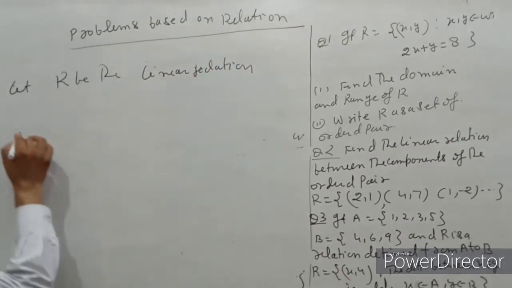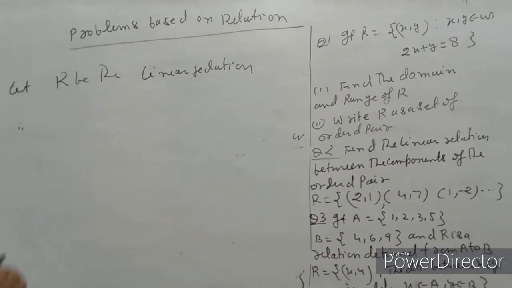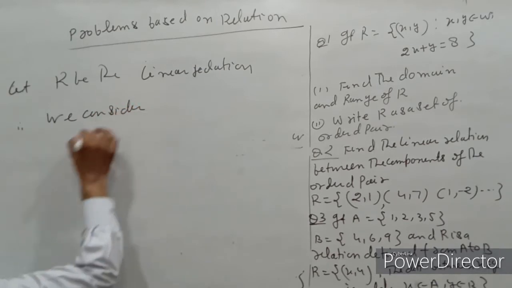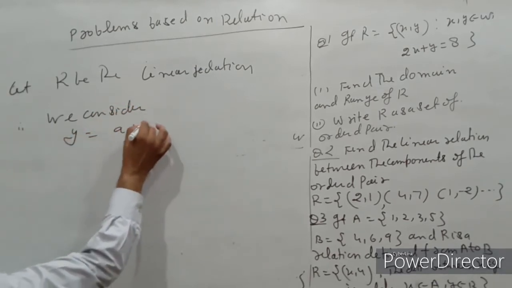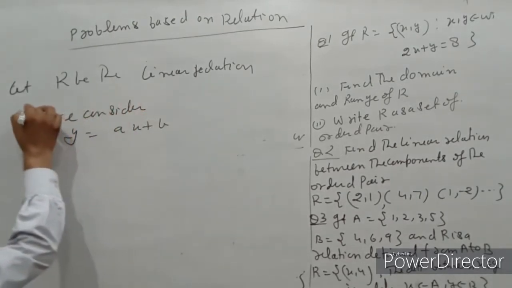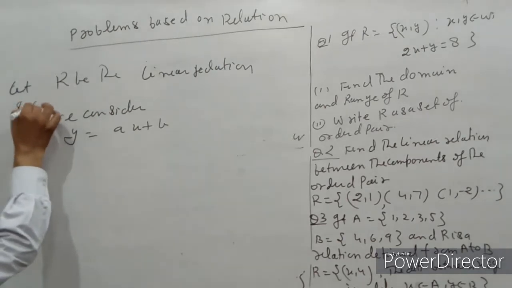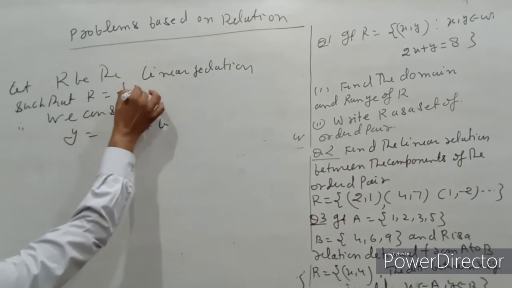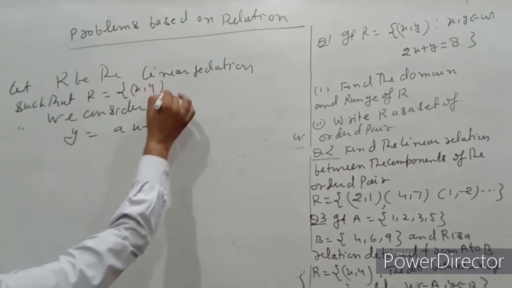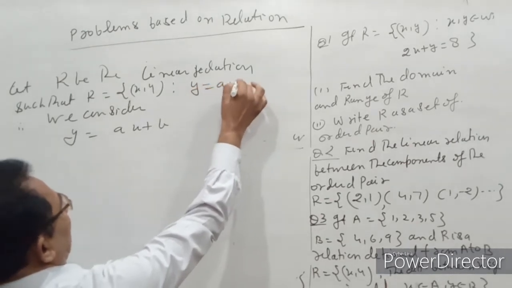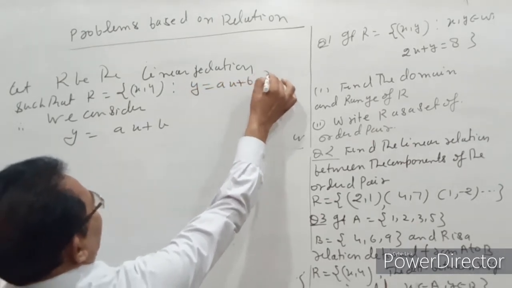We know that, so therefore we consider y is equal to ax plus b as the defined relation. Let R be the real relation such that, अगर हम देखें तो R should contain the ordered pairs (x, y) such that y is equal to ax plus b.